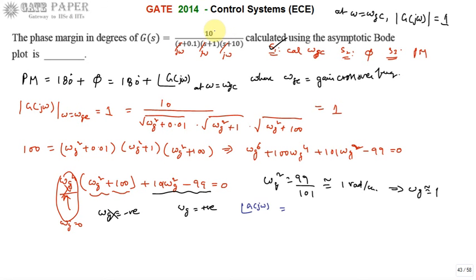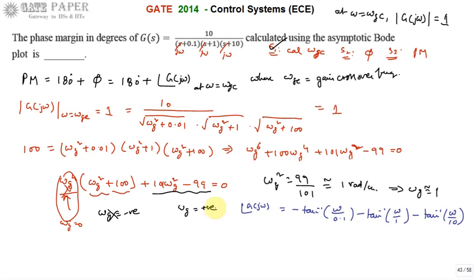Since the imaginary part is 0 for 10, it doesn't contribute any angle, so we don't consider that 10. Next, for the 3 poles, we write minus tan inverse of omega by 0.1, minus tan inverse of omega by 1, minus tan inverse of omega by 10.